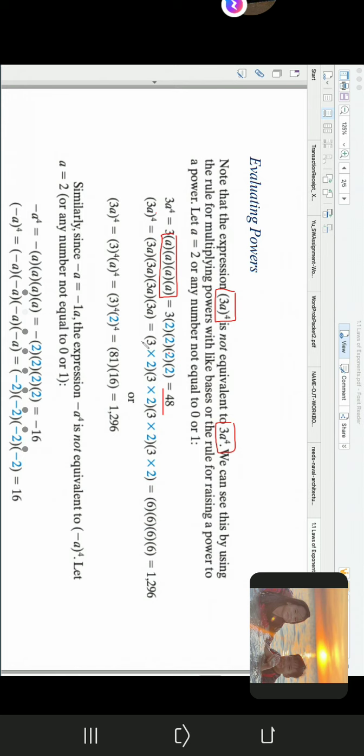So that is 3 times 2 times 3 times 2 times 3 times 2 times 3 times 2. When you simplify this, that is 6 times 6 times 6 times 6, and that is equal to 1,296.